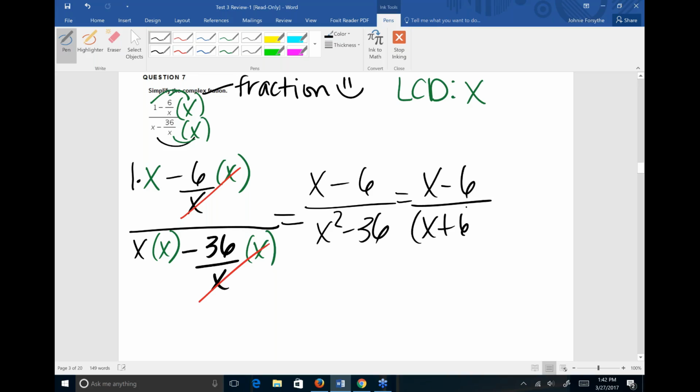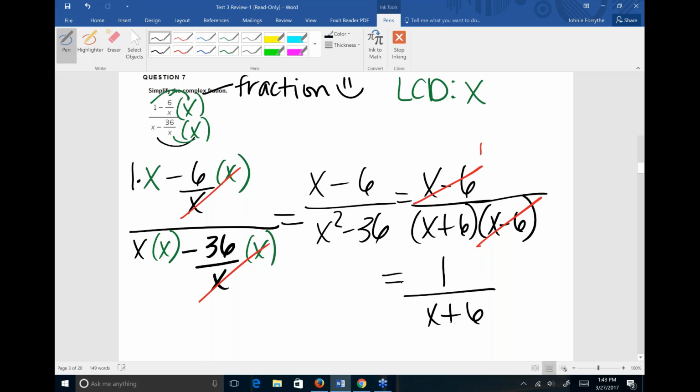I'm going to have x plus 6 times x minus 6. And then I'm going to cancel out common factors, which would be x minus 6 and x minus 6. At the top now I'm going to have just a 1, because x minus 6 divided by x minus 6 equals 1. So that's why we're left with just 1 at the top. And on the bottom, we just have x plus 6. So that's our final answer here.